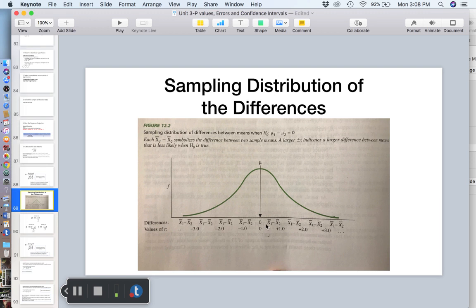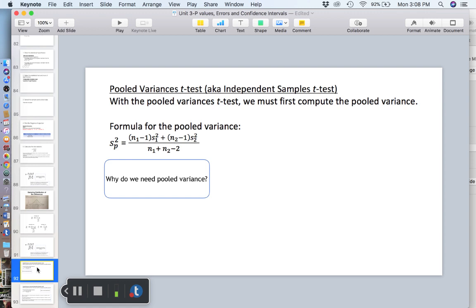As that difference increases, then our x bar 1 minus x bar 2 is going to increase in a positive or negative way, depending on which group is larger than the other group. So with our pooled variances t-test formula, our denominator, the standard error of the difference, tells us how far the difference for our two means falls from the null hypothesized value, which a lot of times is going to be 0.